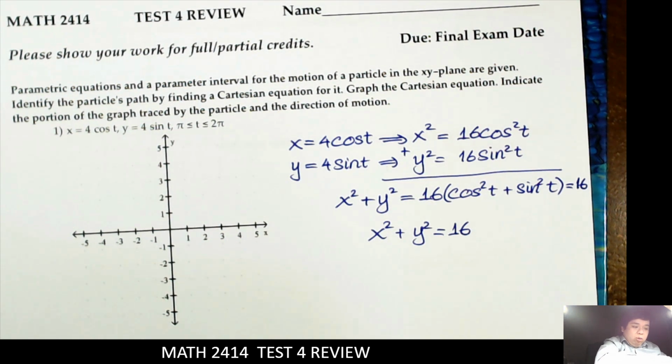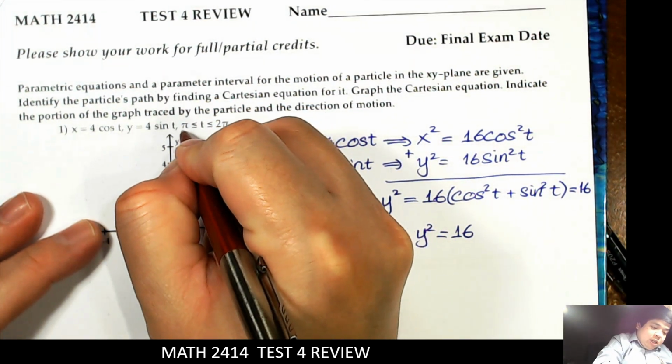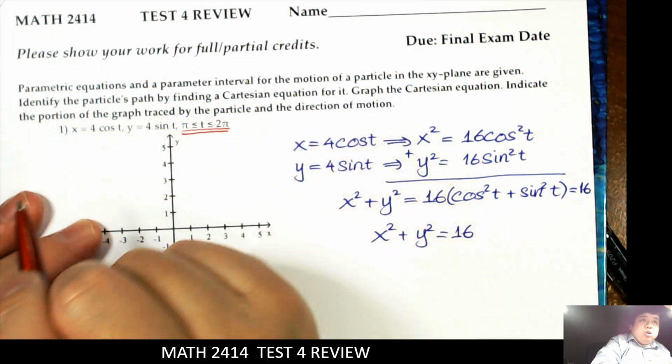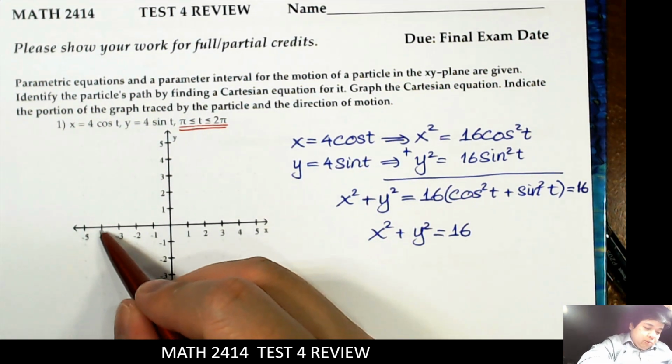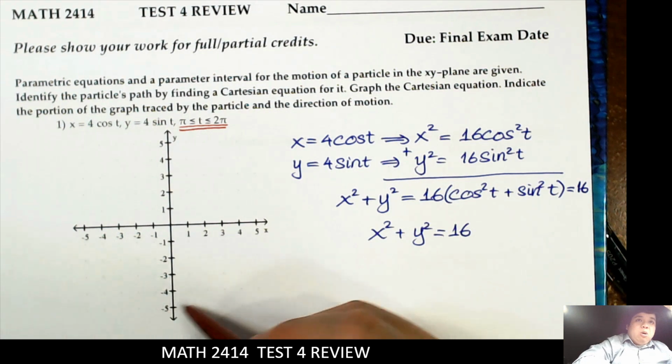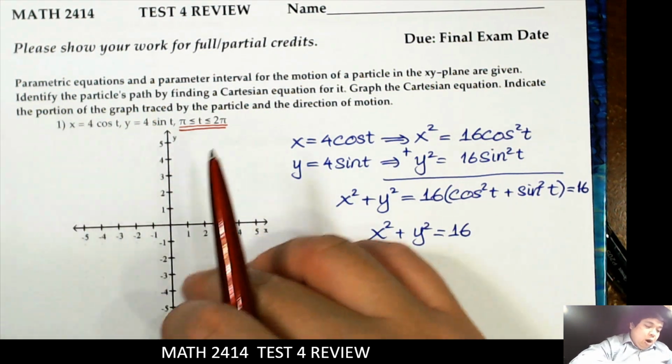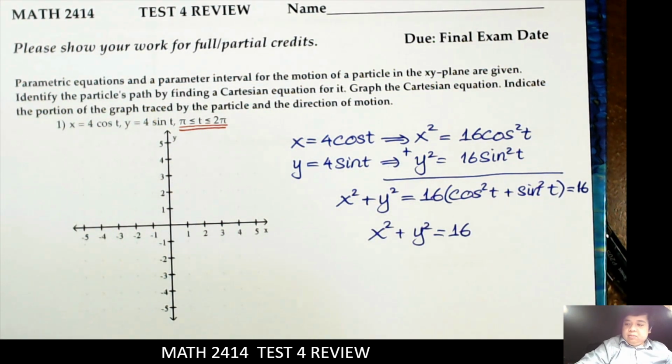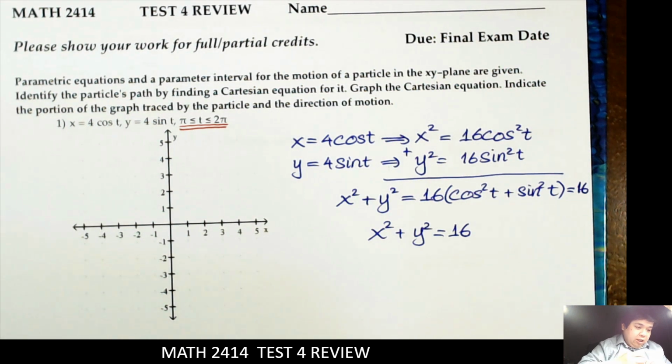Right. Now we focus on the interval for t. This is for t from pi to 2 pi, so it is only the second half, the bottom half of the circle.